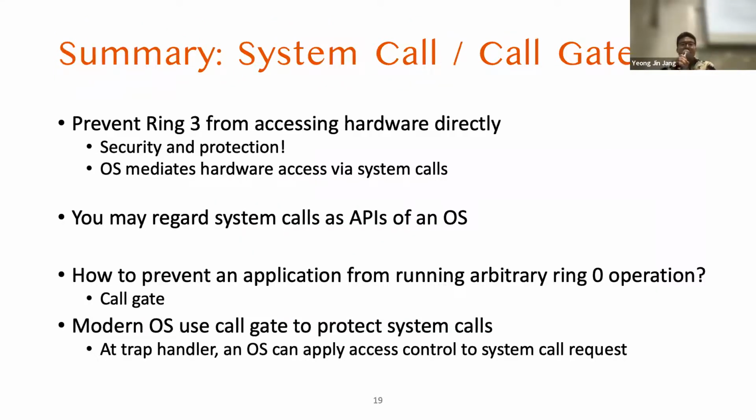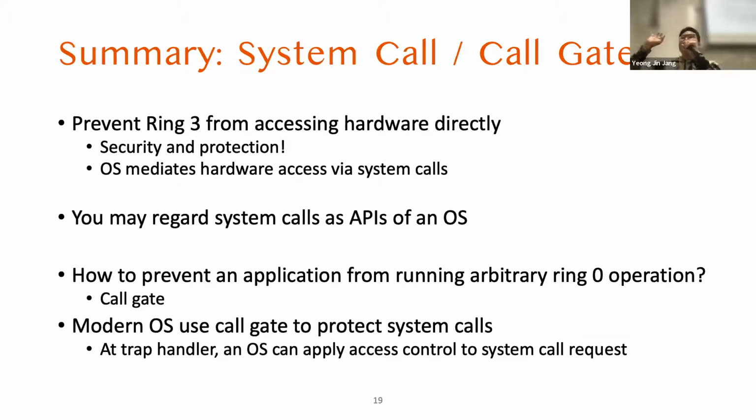So the summary of the system call and call gates. We need to protect against the Ring 3 application arbitrarily running on the operating system. We should not let the applications run arbitrary parts of the operating system, because we do not trust the user application at all. The operating system needs to mediate all the hardware access, and to do that, we need to have some sort of API.